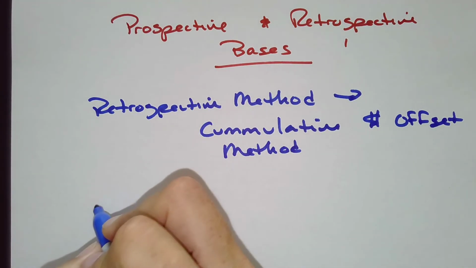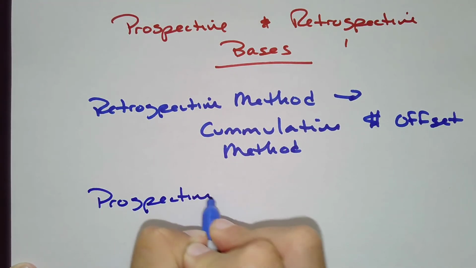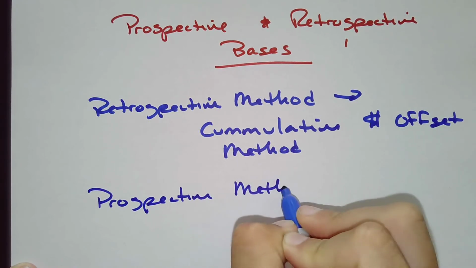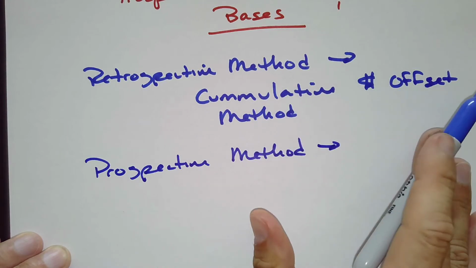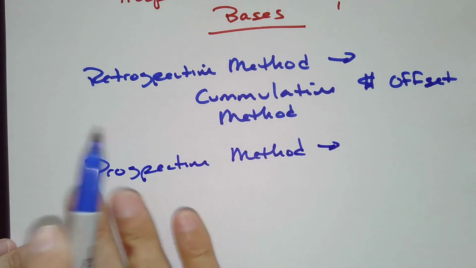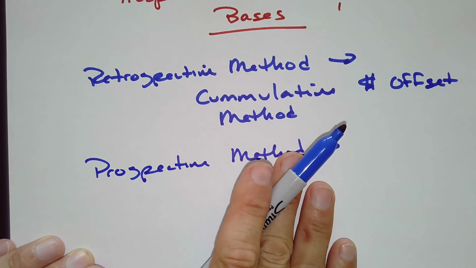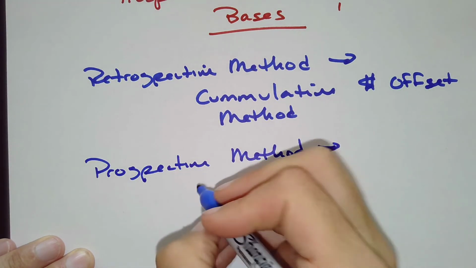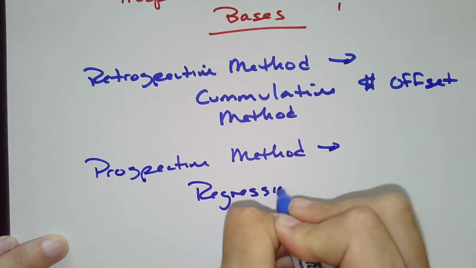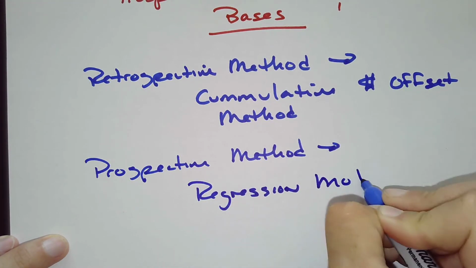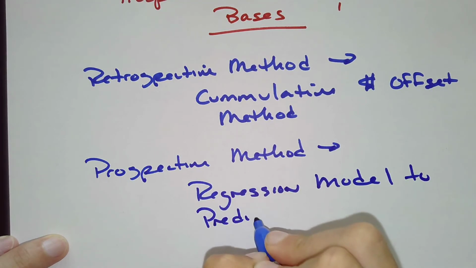For a prospective method, we can use prior historical market data to predict how well this relationship will work in the future. So we can use some kind of a regression model to predict effectiveness.